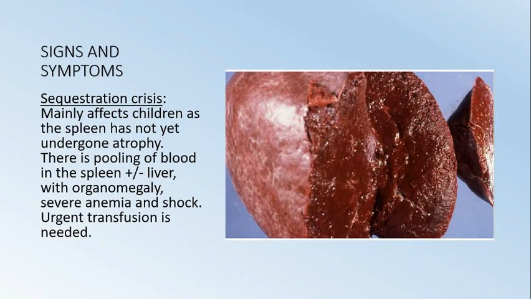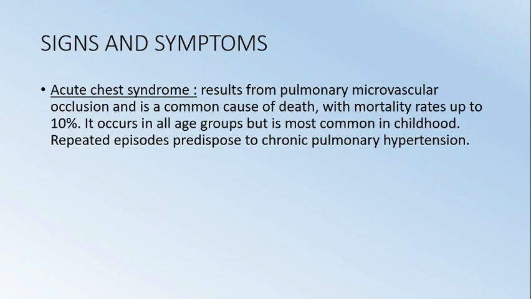And in bone and joint, ischemia can lead to aseptic necrosis, especially of the femoral or humeral heads. Let's see the next sign: acute chest syndrome is pretty serious. It results from pulmonary microvascular occlusion and is a common cause of death.